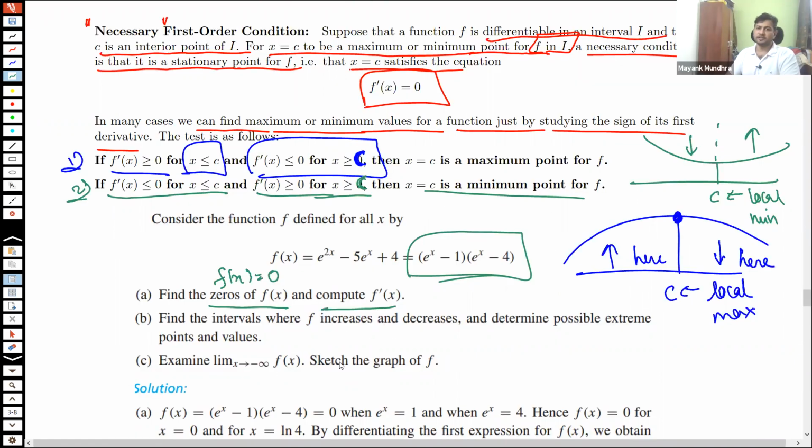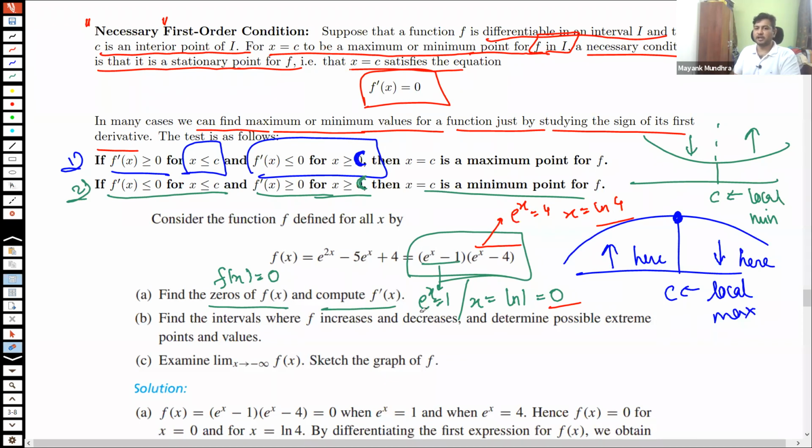So e to the x minus 1, this part becomes 0 at e to the power x equals 1, or x equals log 1, which is basically 0. And this part becomes 0 at e to the power x equal to 4, or x equals log 4. So 0 and log 4. So these are the zeros.